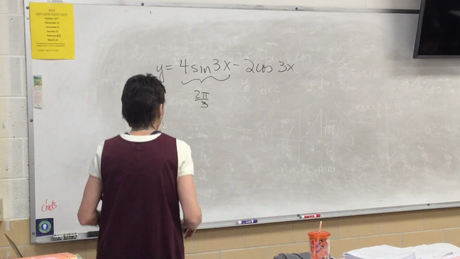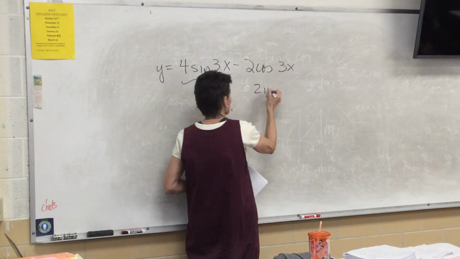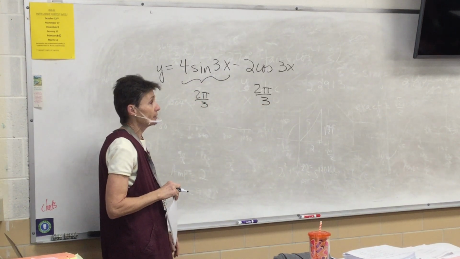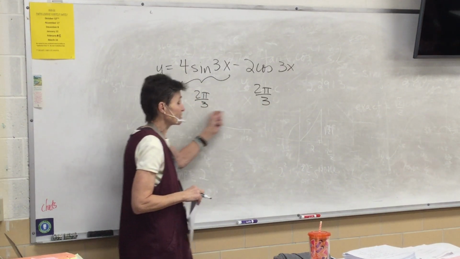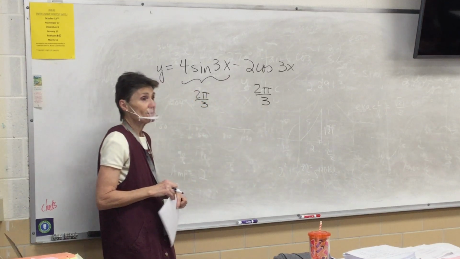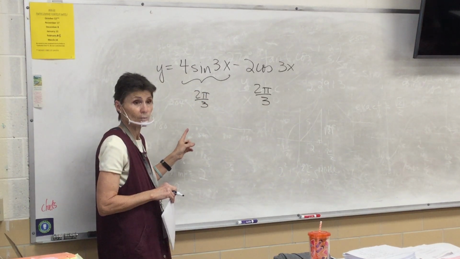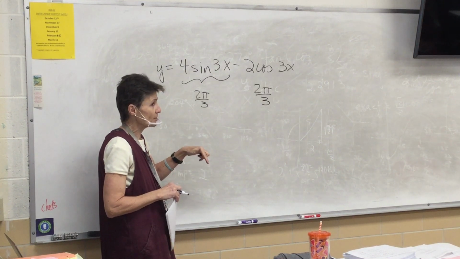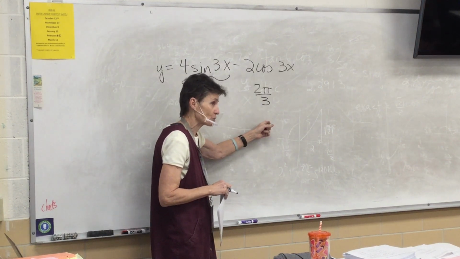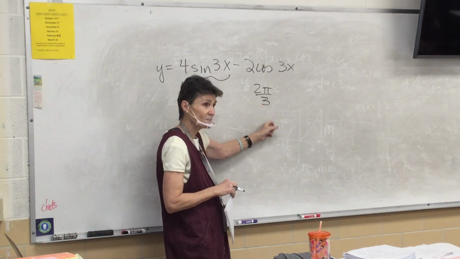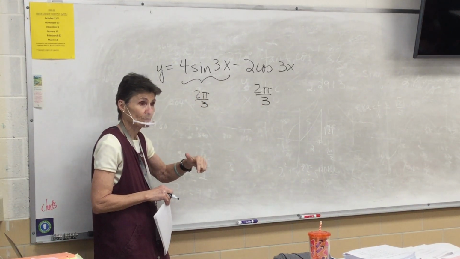And then likewise, the period of this one is 2 pi over 3 because it's a cosine divided by 3. These match. That means the period of the whole problem is 2 pi over 3, and it is sinusoidal because they match. That's how you tell if they're sinusoidal. The period of each piece is the same.